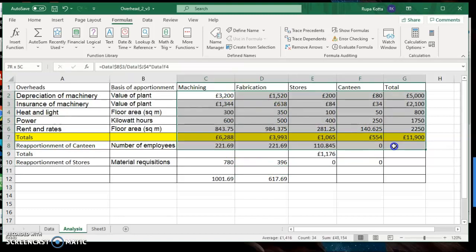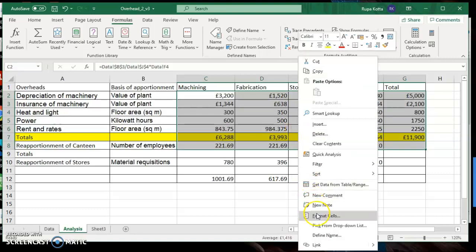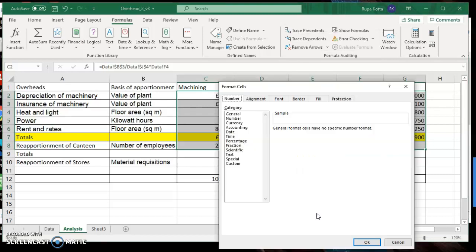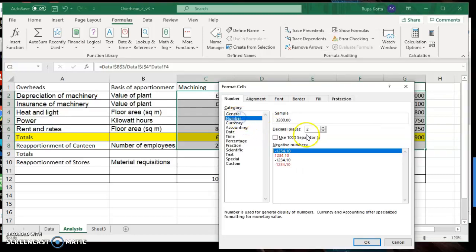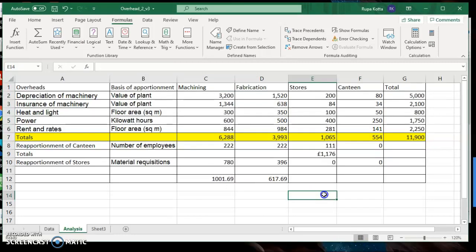So let's just tidy them up, because they did not tell you anything about the other ones, to use IF or ROUND or anything. I can just use the normal format cells, number, no decimal places, currency, and done. All the calculations are now completed.